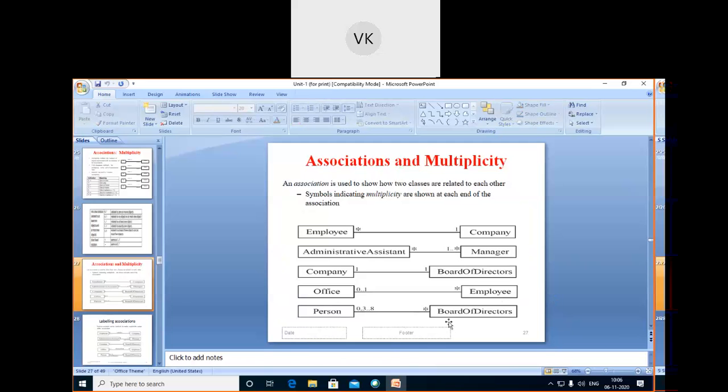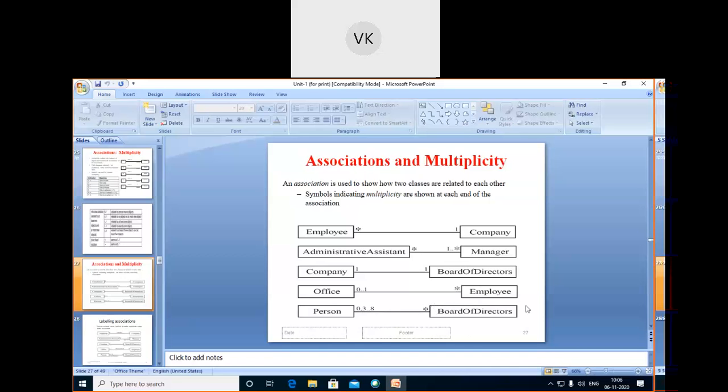And here is the last one. Person is the class, board of directors. For the person class, it may have zero or more number of board of directors. Yes or no? Zero or more number of board of directors.